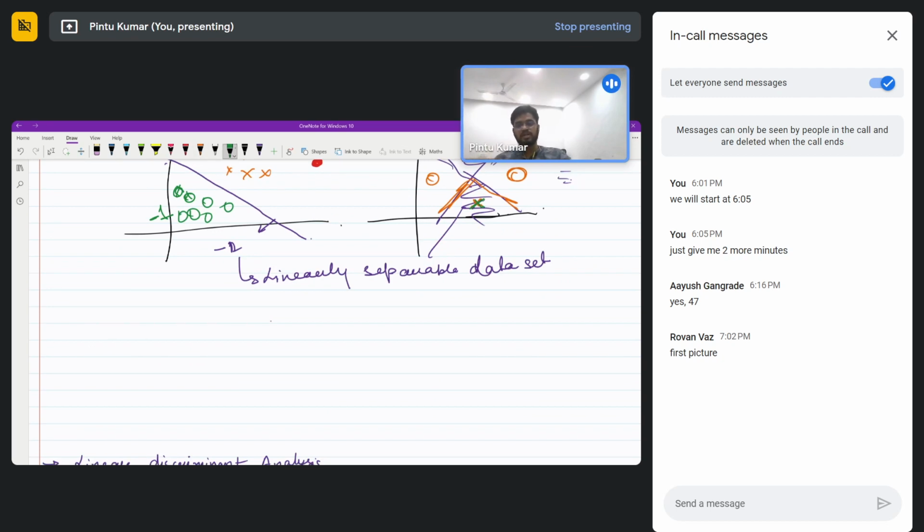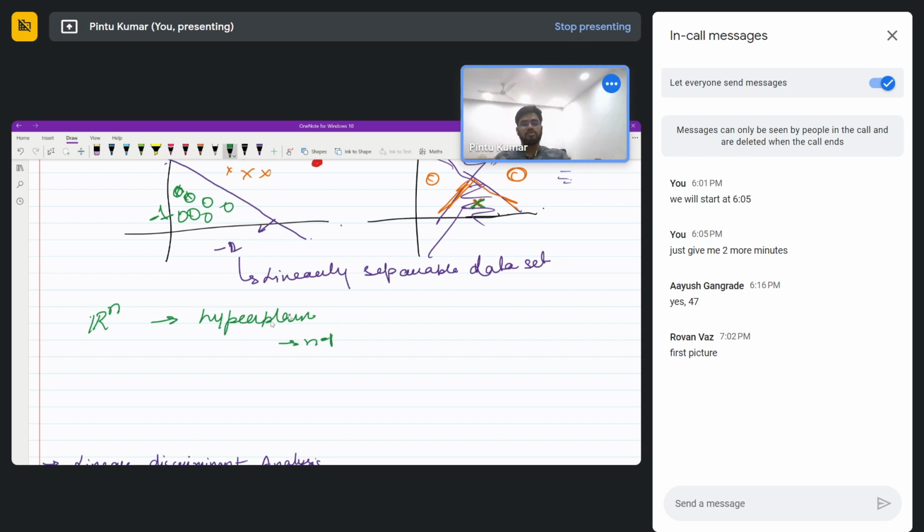I'll just mention it. If you have some data in Rn space, and you can find a hyperplane, a hyperplane is nothing but an n minus one dimensional plane. For example, in 2 dimensions you had a line. If you imagine it in 3 dimensions, it is a 3 dimensional hyperplane.